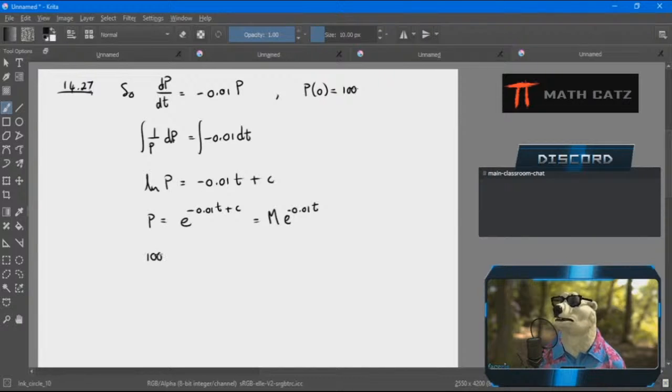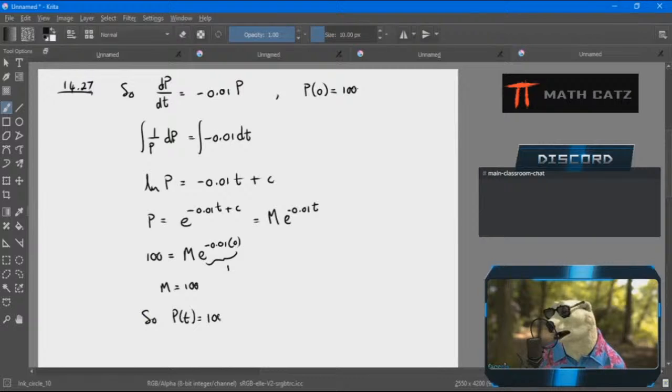So 100 equals m times e to the -0.01 times 0. It becomes tedious to write this out perhaps, but with this I'm practicing that first part of the question that is going to ask me to confirm what the differential equation is and how to solve it. How do I get to this function that I will use from now on?